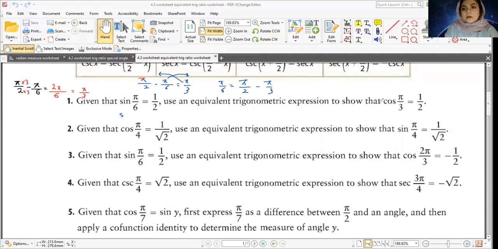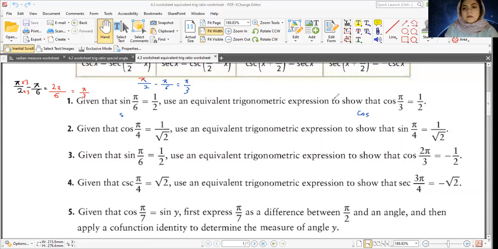So I'm going to start from that cosine because I want to show this. And instead of the pi over 3, what do I put?